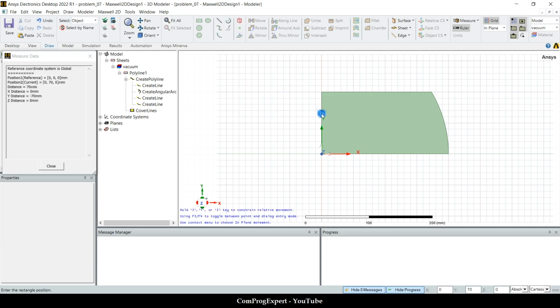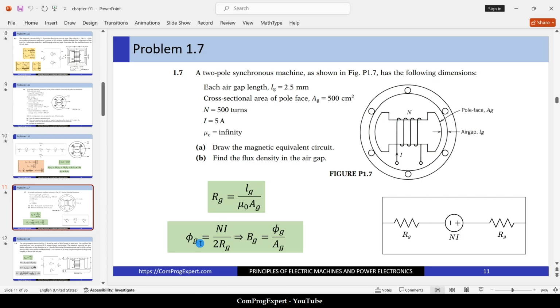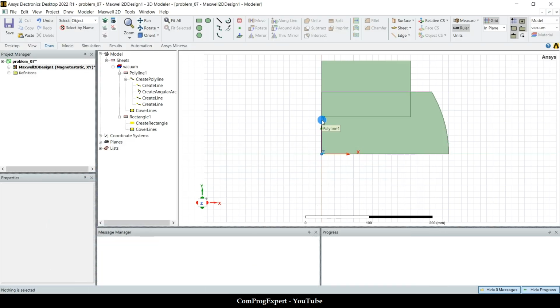So now let's subtract this rectangle from it. Here I need to consider one value for width of the coil.